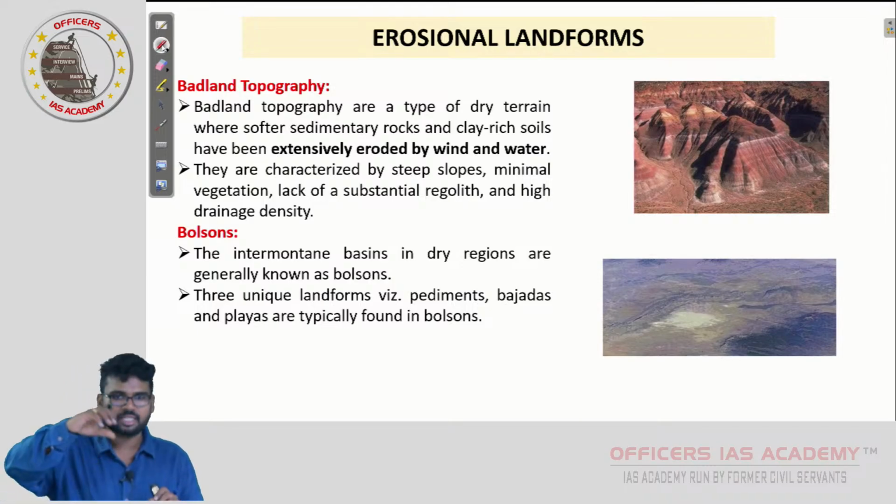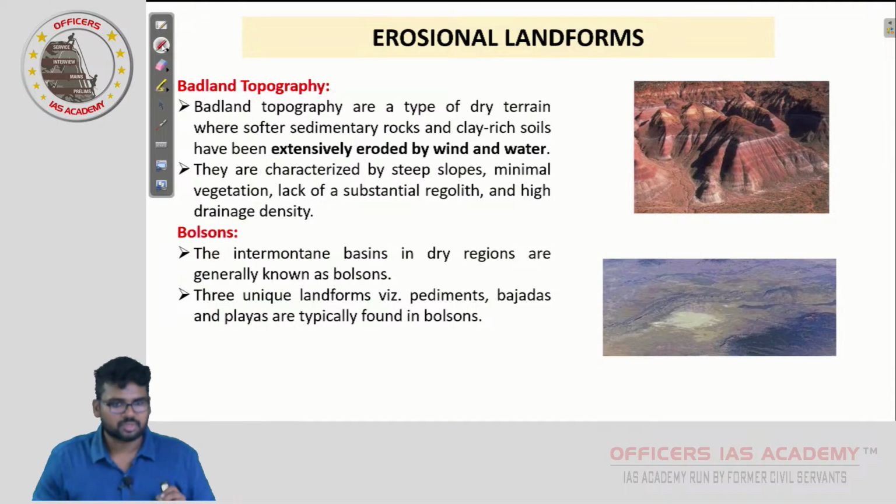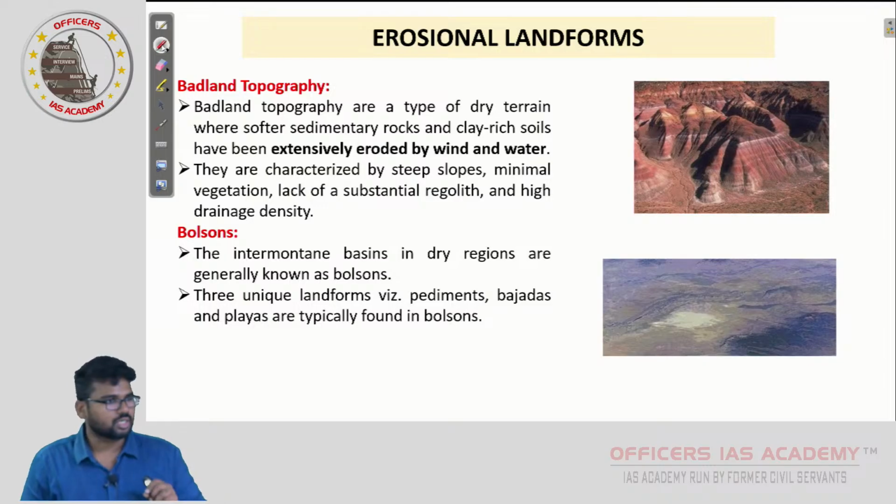So maybe there might be a small mountain, or there might be a mound of hard substances like resistant rock, or maybe very strongly compacted soil. So such a topography is what we call badland, because it is not useful for any productive activity. You cannot do agriculture, you cannot set up an industry here, you cannot have transportation through it. So such a topography is called badland topography.